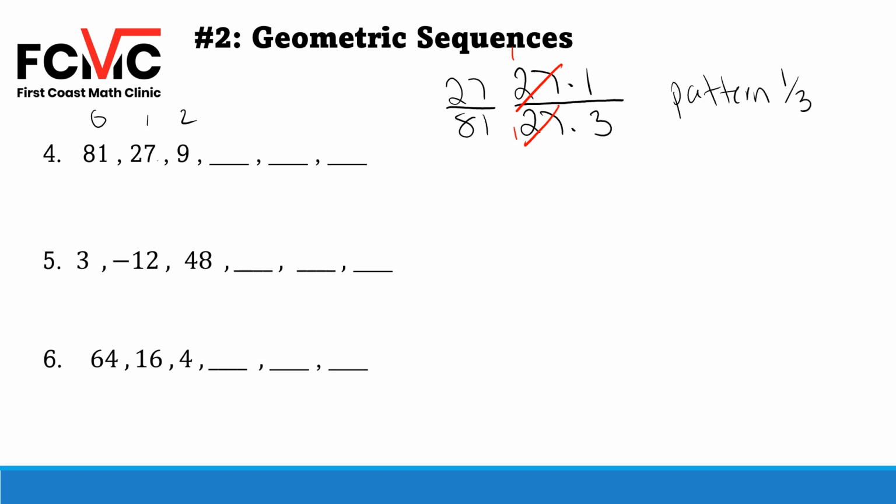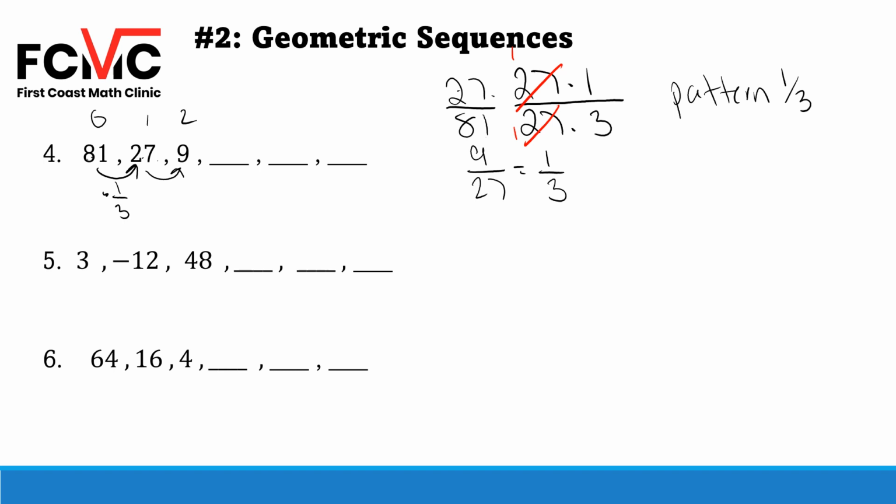So we just reduced 27 over 81, right? Or if you don't want to use 27 or 81, you could have used these two values, 9 and 27. If we take 9 over 27, well, 9 over 27 reduces to 1/3, and that's our pattern, right? So 81 times 1/3, a third of 81 is 27.